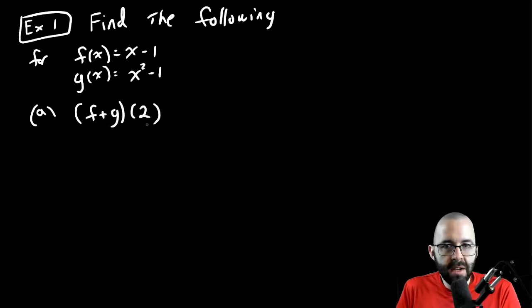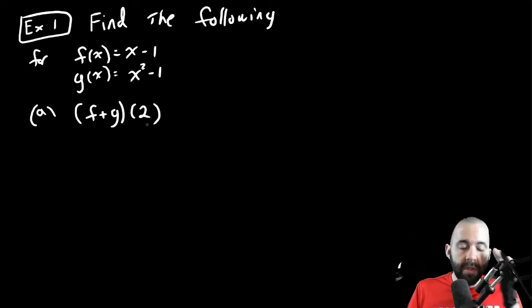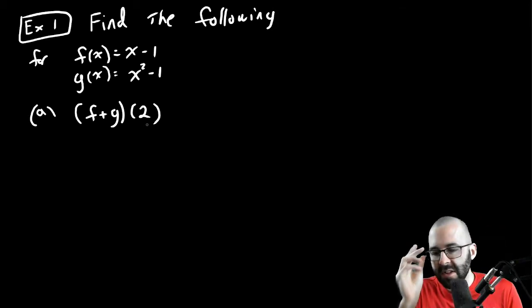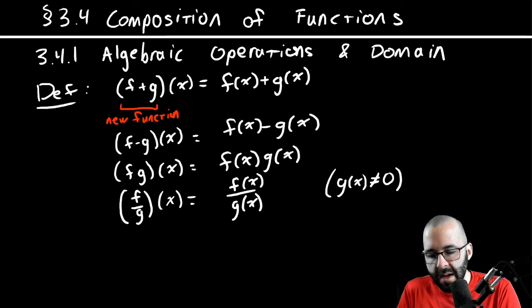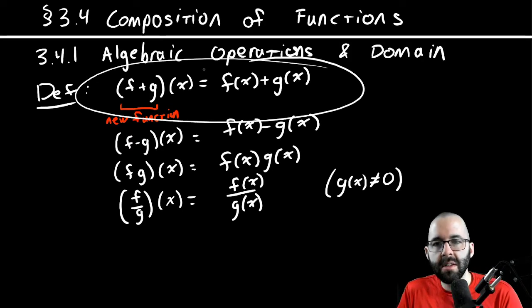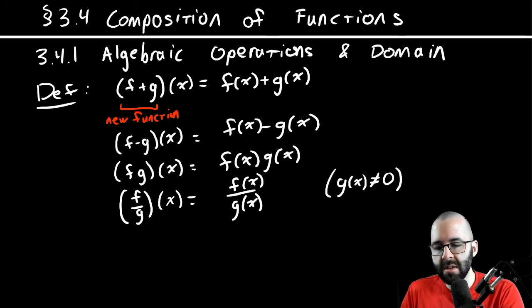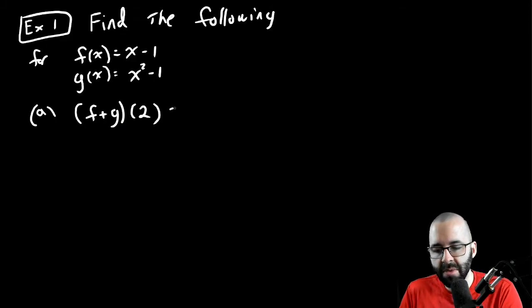So the problem tells us what f is, the problem tells us what g is, but this new function f plus g, we don't know what this new function is. This is a function that's not given. But we have the definition for it. This new function f plus g is just the old functions added together.